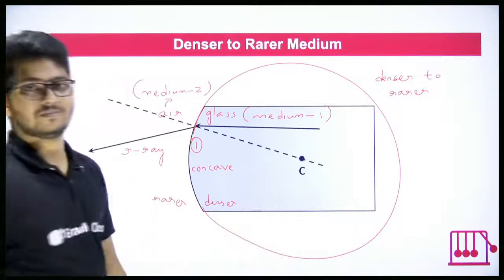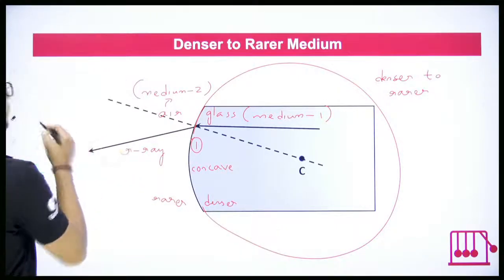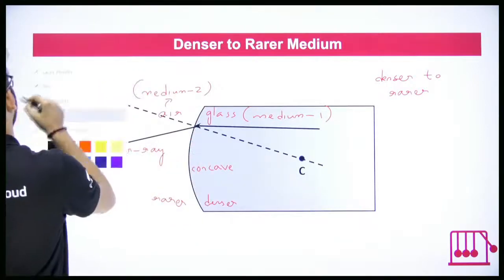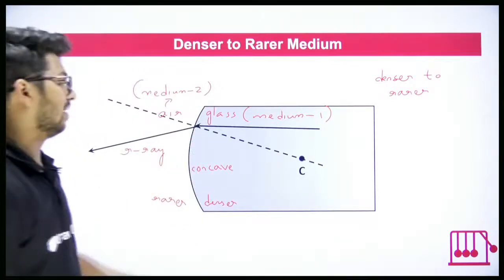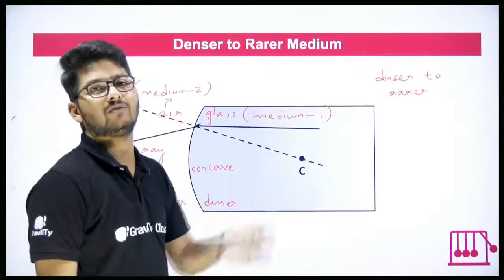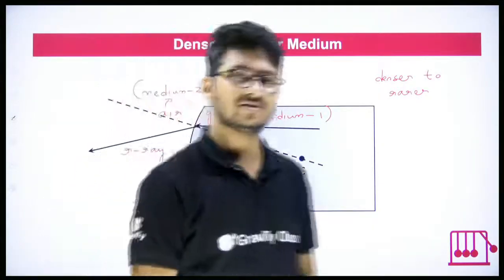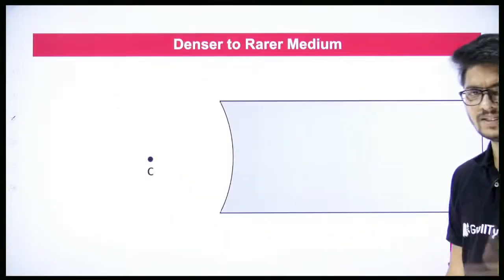Concave. Okay. So you have to look at things with respect to what? With respect to the incident ray. From the incident ray you get medium 1. From the incident ray you get which surface it is, concave or convex.